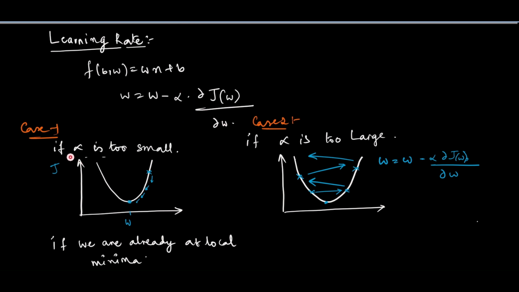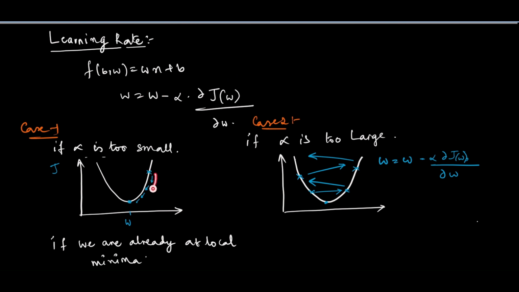Let's consider the first case where alpha is too small. Consider that in this graph we are presently at this position. When alpha is too small, when we differentiate, even though the slope is large, alpha is a very small value like 0.000-something, so even if you multiply the large slope by it, the difference will be very small.